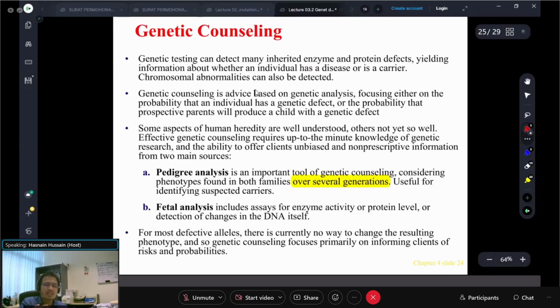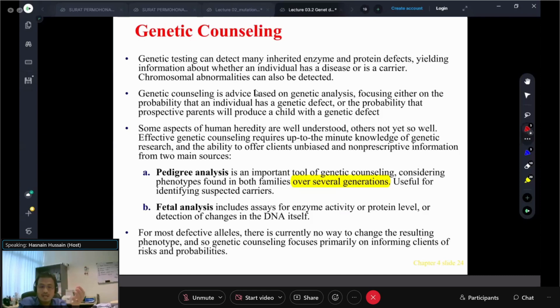Genetic counseling is used when you are unable to test, so when the test cannot be done, for example, you can do the analysis earlier by genetic counseling. One way of doing genetic counseling is by doing pedigree analysis. Usually this involves humans.